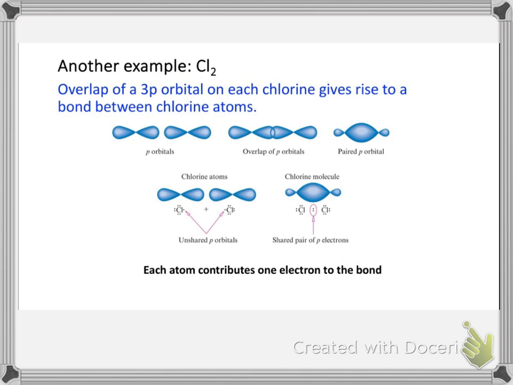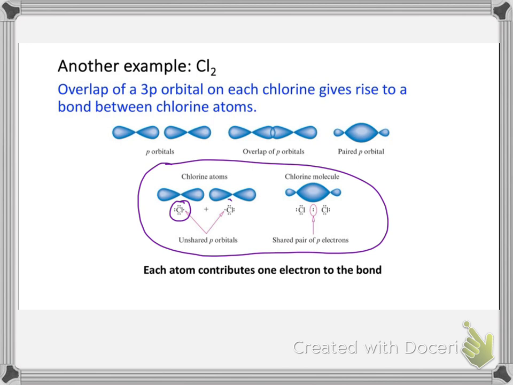And so for this initial idea of sharing, we're just talking about those orbitals overlapping and mixing with each other. And if we look at this illustration, here they have two chlorines. Chlorine has 7 valence electrons, so it has 7 dots around it.